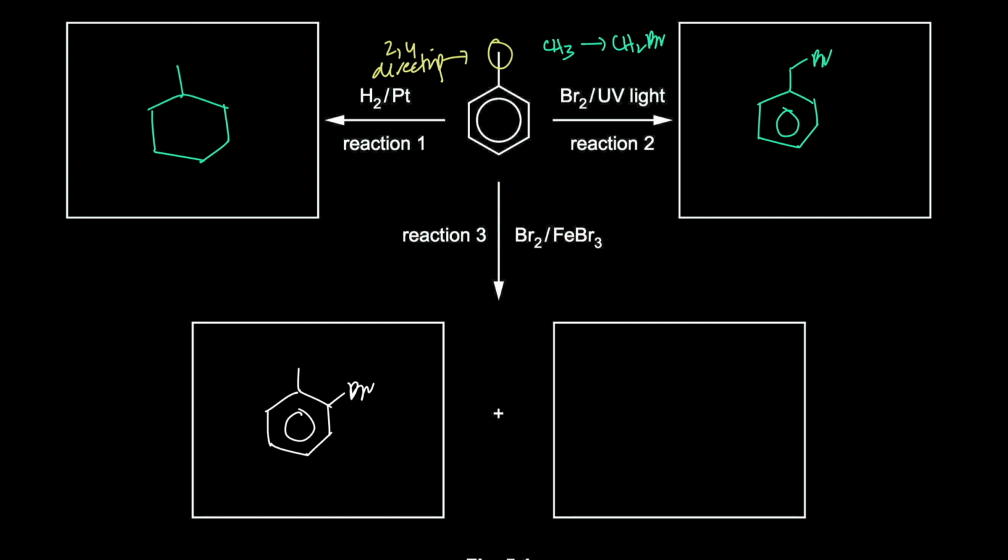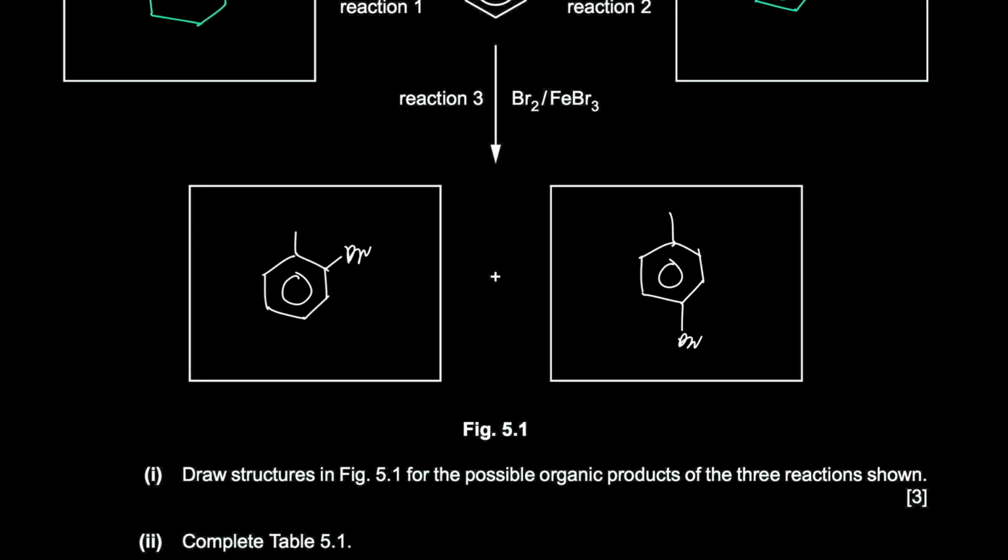That's the carbon next to the methyl group. And then we also get a bromine on carbon number 4 relative to the methyl group. So that's what we mean by 2,4 directing, it means that the methyl group will determine where the bromine will go. It will go on the carbon next to it and the carbon directly opposite.